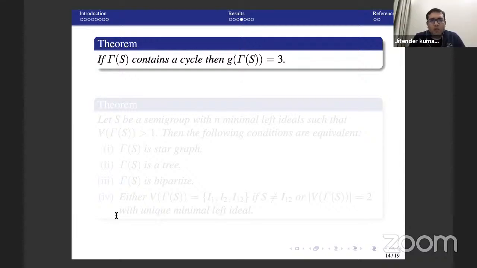But so far we have not made any attempt in that direction, because this work we have just started. Anyway, the circumference cannot be greater than or equal to 6. It will be less than or equal to 5, because the diameter is 2, and if the circumference is 6, then the diameter will be at least 3. So I think you can characterize graphs, if possible, with circumference 4 and 5. Okay, possible.